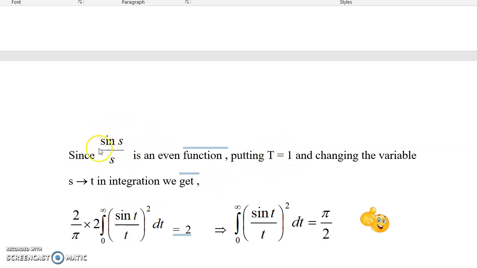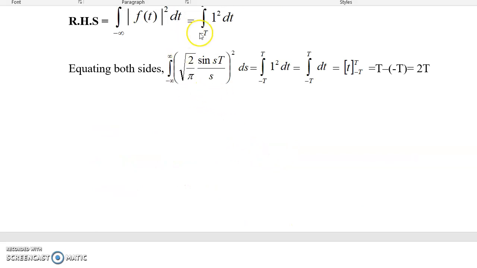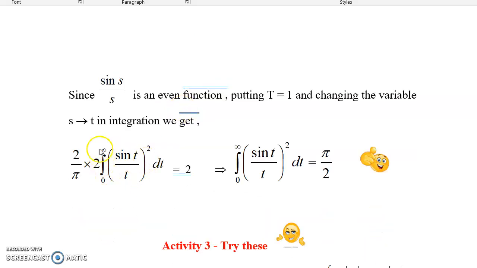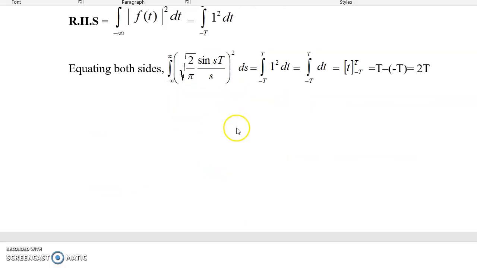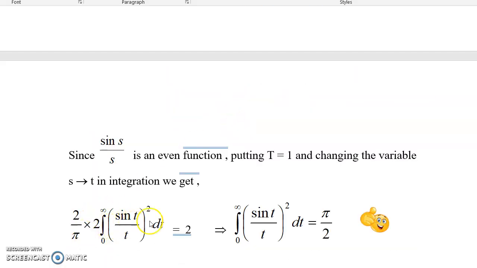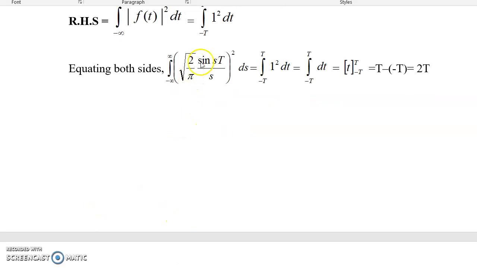Since the integrand is an even function, using all these concepts, this left side integral from minus infinity to infinity now becomes 2 times 0 to infinity, and this root of 2 by pi, when you square it, becomes 2 by pi here, and sin sT by s. So this capital T we have substituted as 1, and this s has become t now.